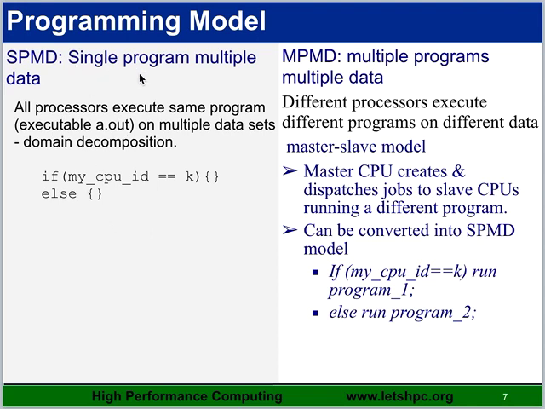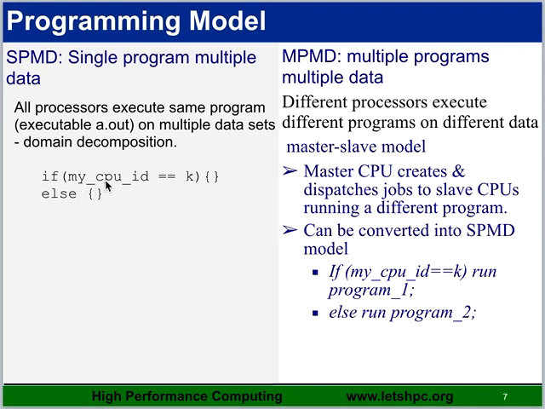In case of the single program, multiple data programming model, all processors execute the same program. So basically, you have the same a.out, and they work on different data sets. So basically, we are referring to domain decomposition.